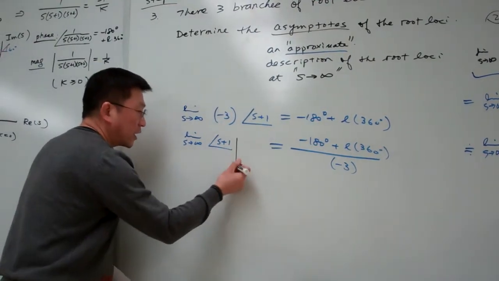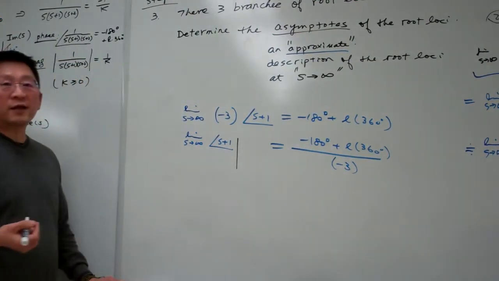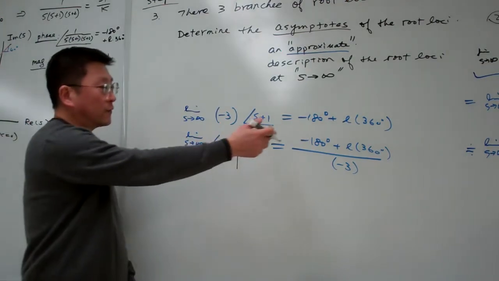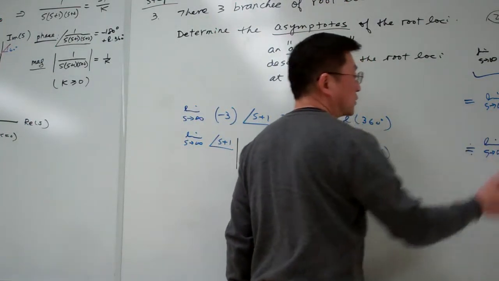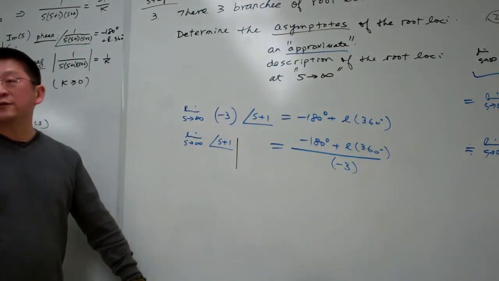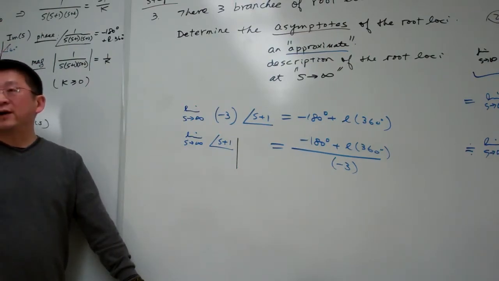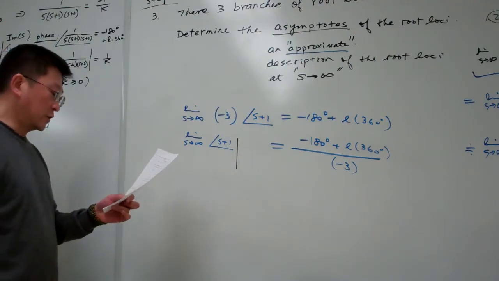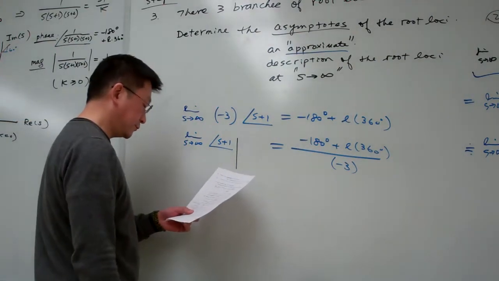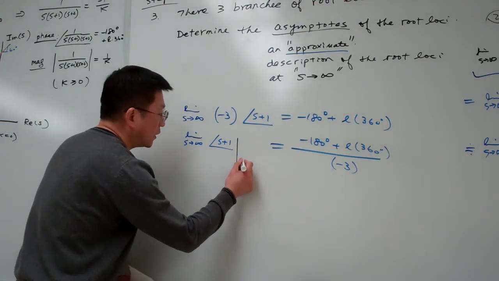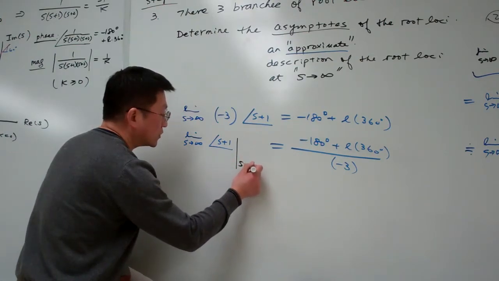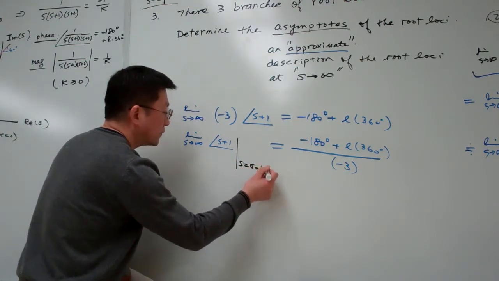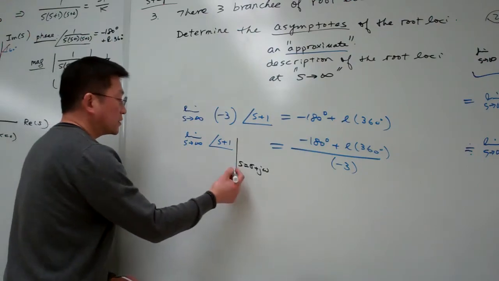So now for this case, right now this expression is from our derivation. We have a better approximation, and our effort is to try to find the intersections of the 3 asymptotes. So here we're assuming s will be equal to sigma plus j omega. So basically what is s?